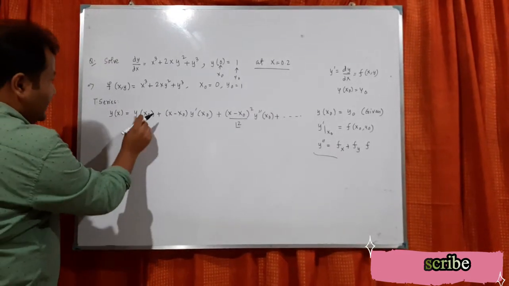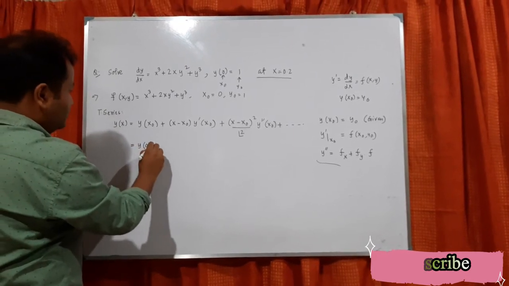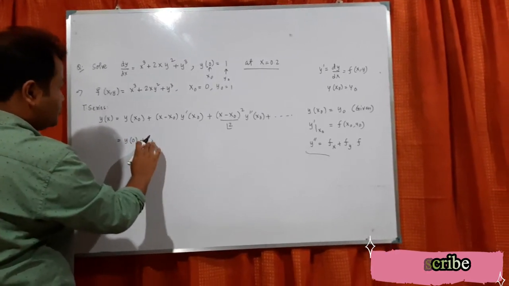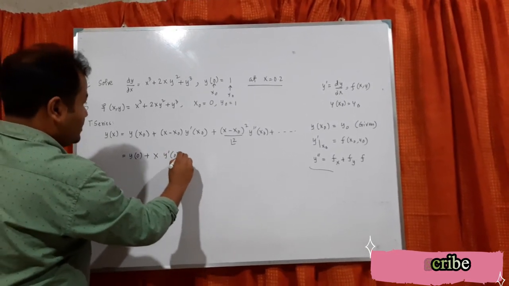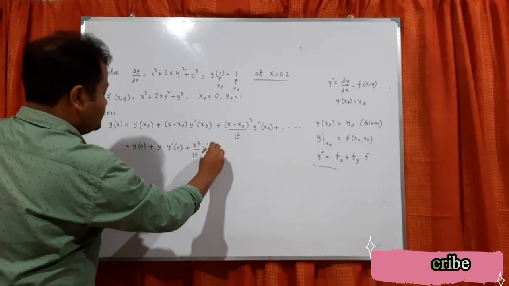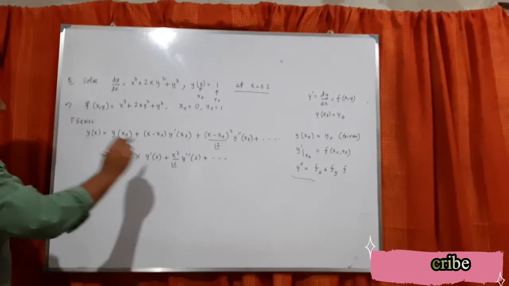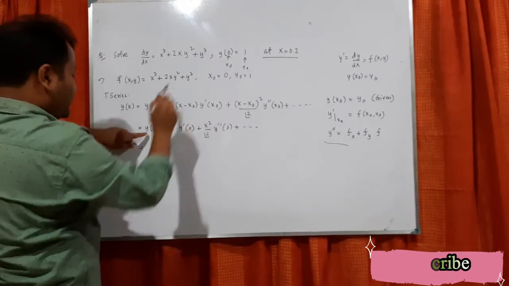So now x naught means 0, so y of 0 plus x minus 0, so only x, times y dash of 0 plus x square by factorial 2 times y double dash of 0 and so on. So basically we have to solve this. Now what is y of 0? y of 0 is given as 1.